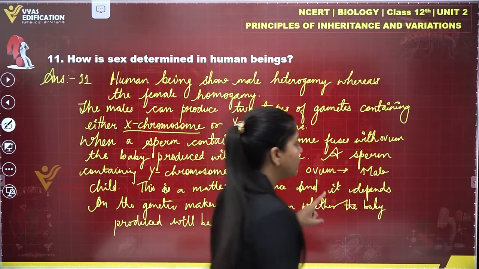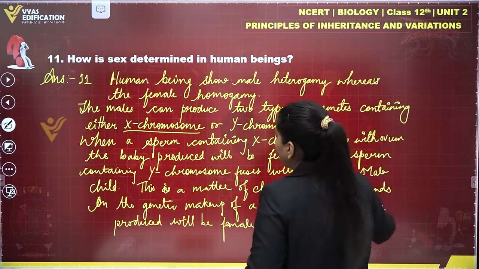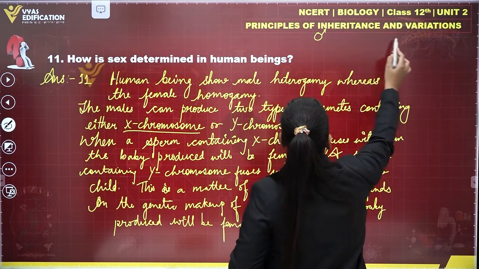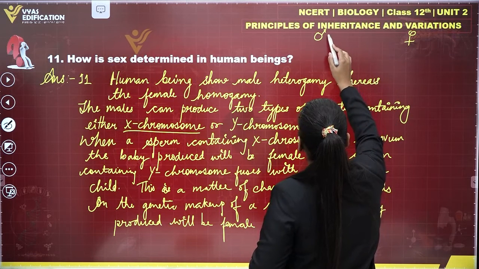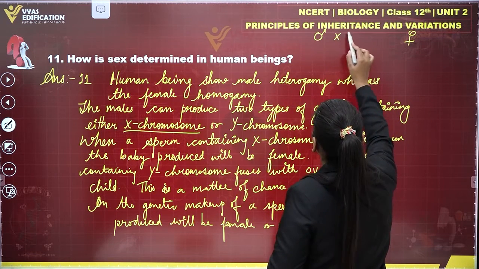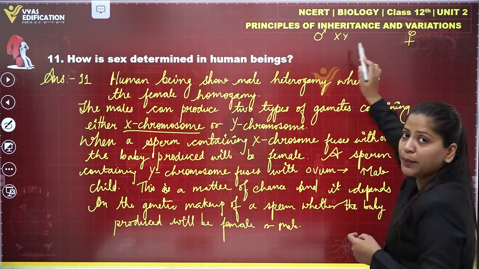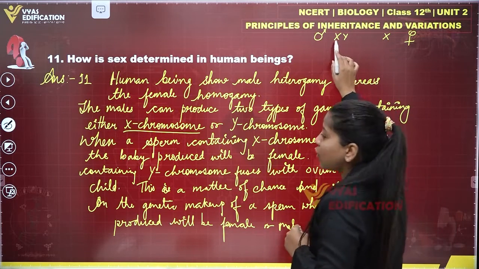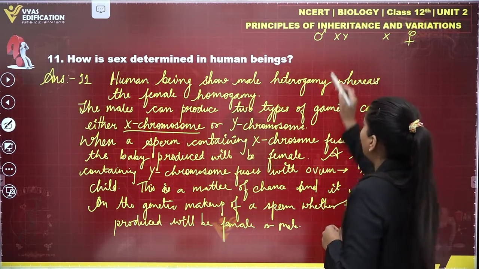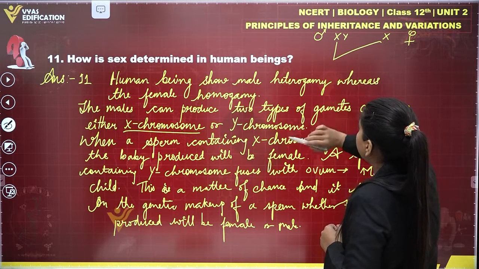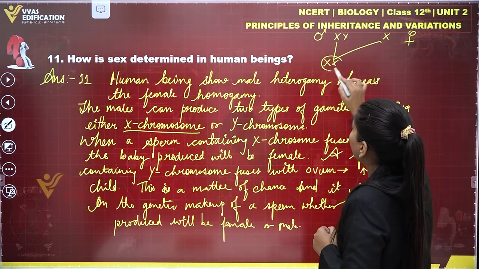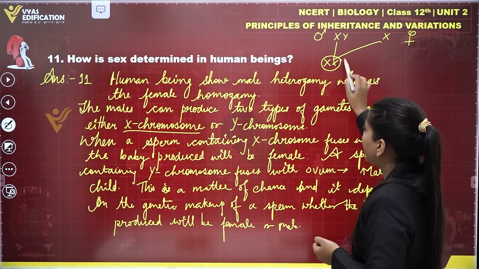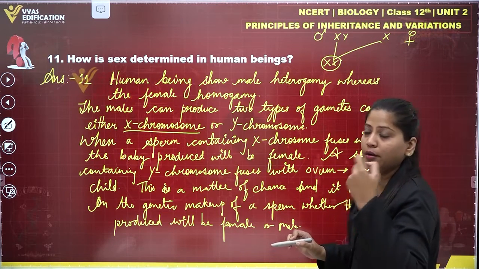If we make a cross of it, let's suppose this is male and this is female. Male will produce two types of gametes containing X chromosome and Y chromosome, and female will produce only one type of gamete containing only X chromosome. If the sperm containing X chromosome fuses with X, then XX will form a zygote. Hence, we can conclude that the baby produced will be a daughter or female.